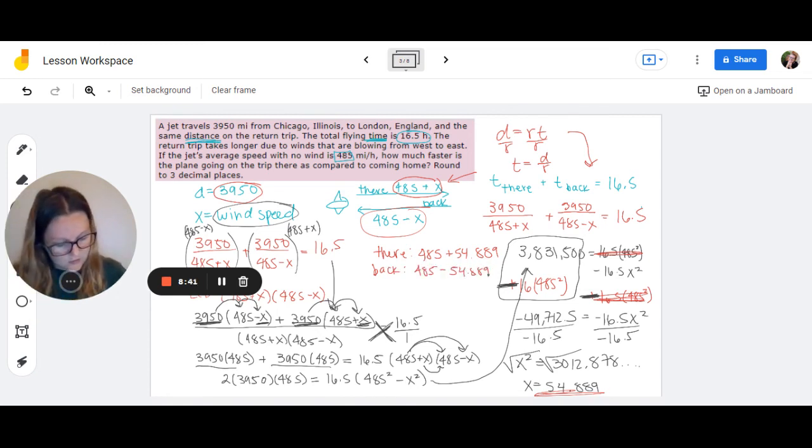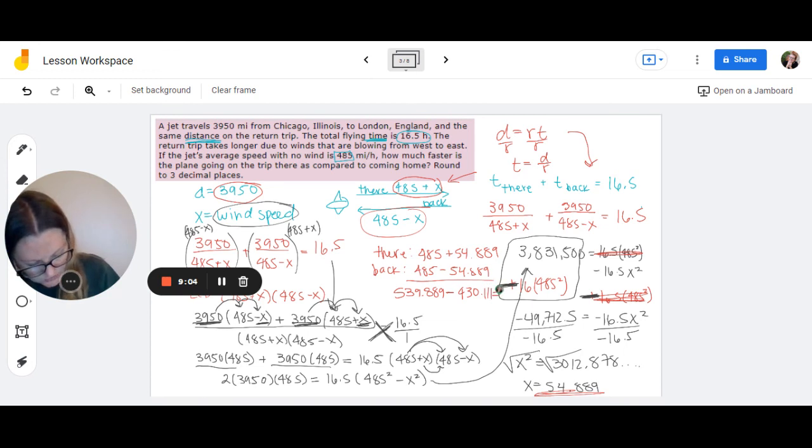Adding those together, 485 plus 54.889 gives me 539.889. And then I'm going to subtract from that whatever I get on the way back. So 485 minus 54.889, I get 430.111.